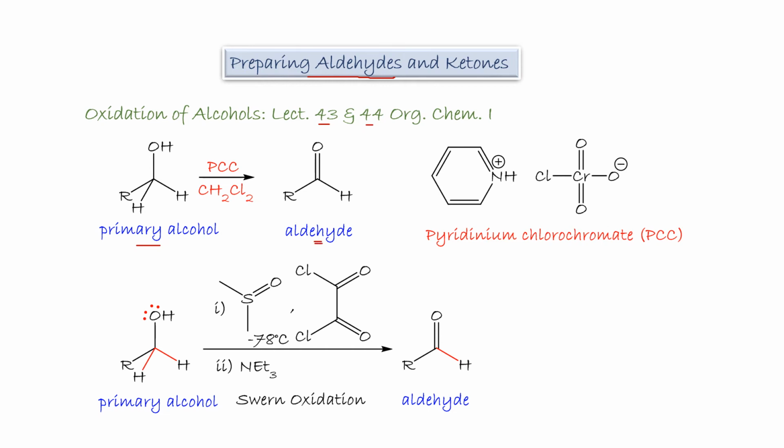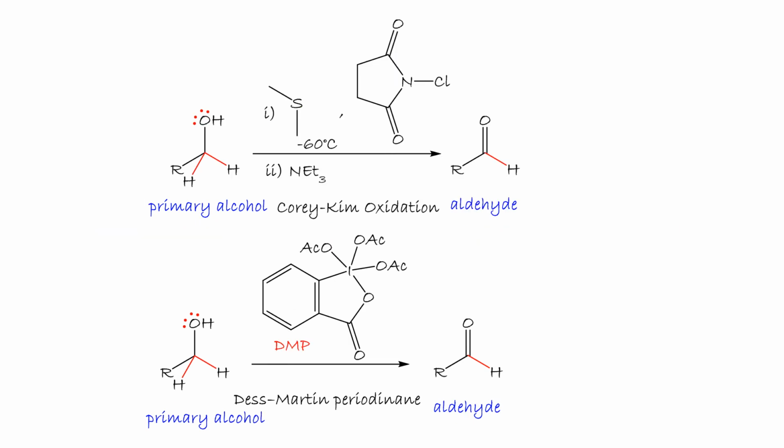No further oxidation. Also, primary alcohol with Swern reagent, dimethyl sulfoxide, oxalyl chloride at minus 78 degrees Celsius, then treat the reaction mixture with triethylamine, will give again the aldehyde, selective oxidation. No further oxidation.